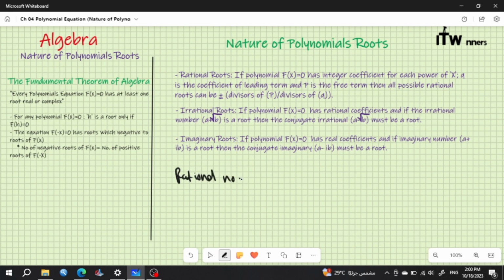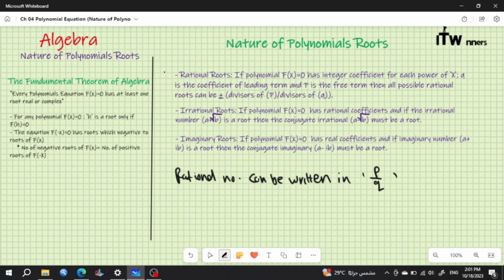I can say a number is rational only if it can be written in the form p/q. And if this number can't be written in this form, I say this number is an irrational number.